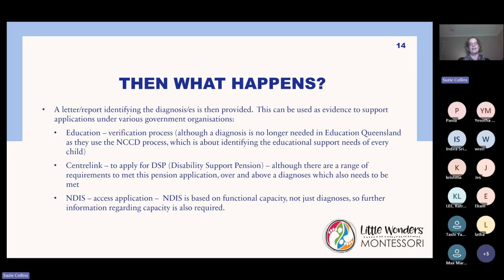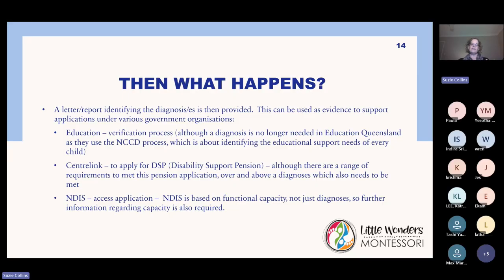The NDIS, though, is actually based mainly on functional capacity, and so just a diagnosis isn't enough to access funding. In addition to an assessment for a diagnosis, there also needs to be a functional capacity assessment.